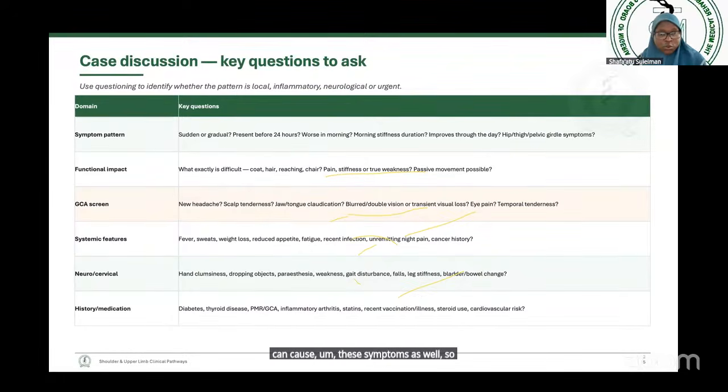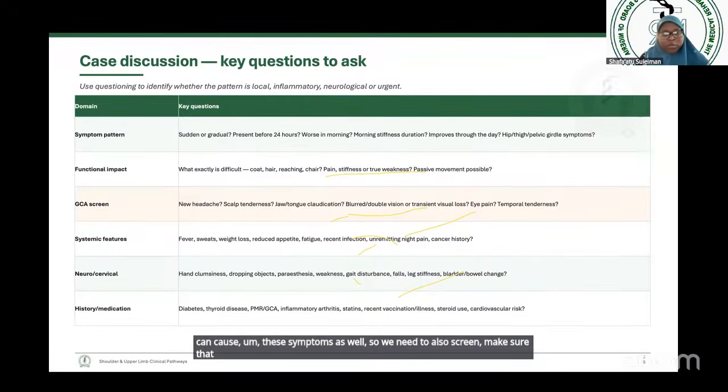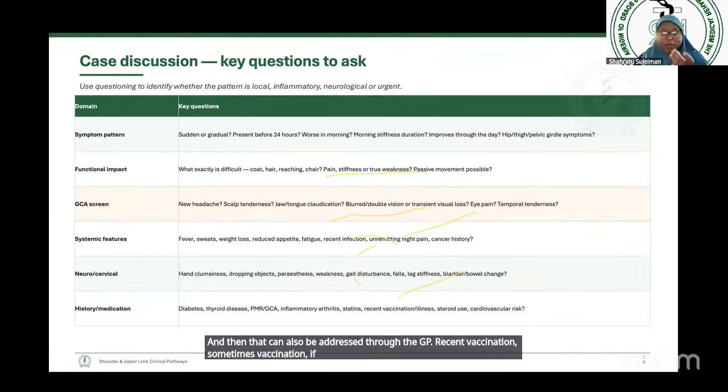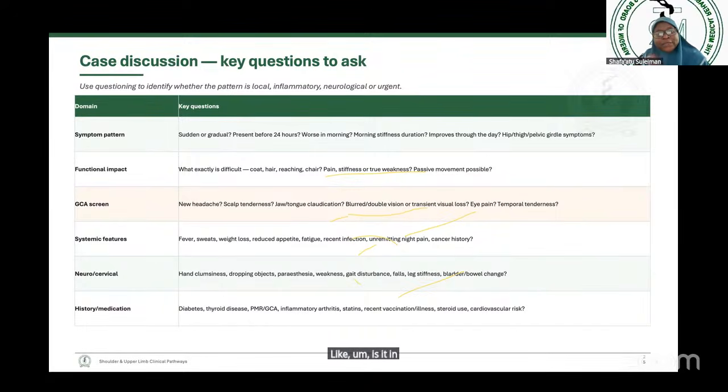So we need to make sure that it is not polymyalgia but the statins, and that can be addressed through the GP. Recent vaccination: if you've had a recent vaccination, how was it given? Was it in the deltoid? Was it painful? Was it swollen? All that history around the vaccination.